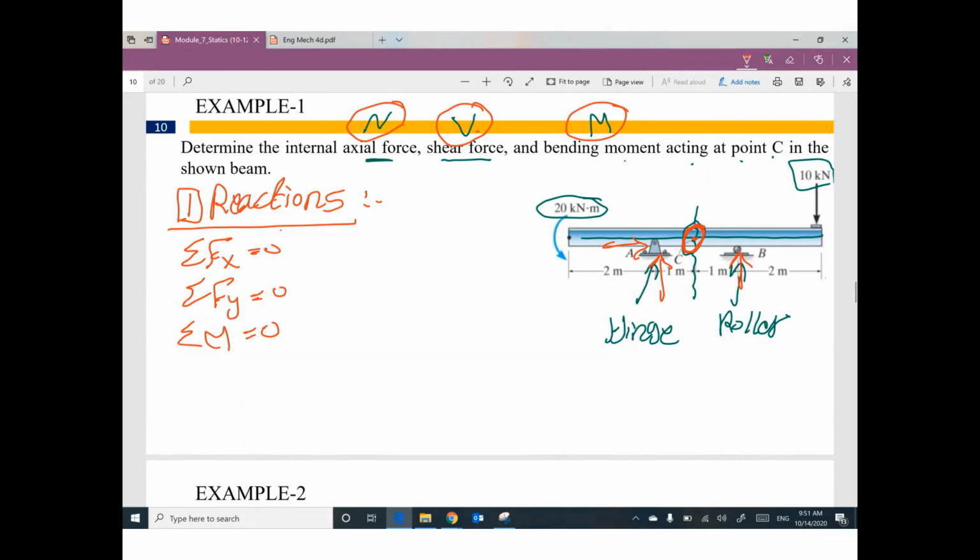Second step, we figure out the internal forces N, V, and M at point C as required by the problem. I'm going to continue next time starting with this example.